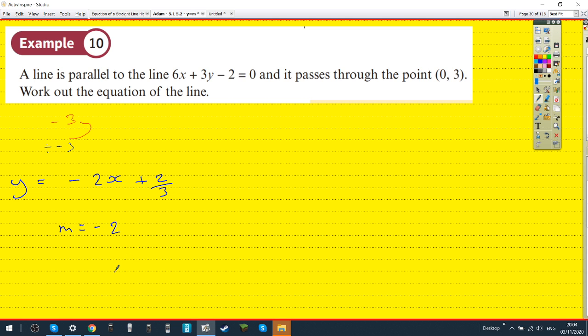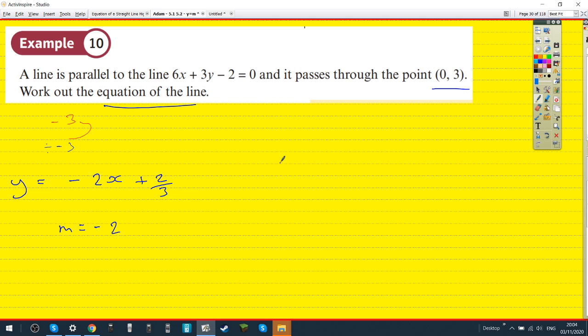Okay. And so what is the equation of the line that is parallel to this line, has a gradient of minus 2 and goes through 0, 3?